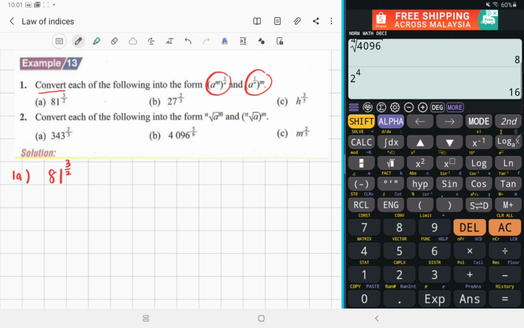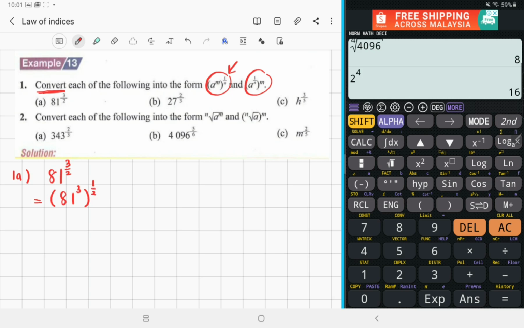How to write it in this form is just convert. This one does not ask you to find the value. You just convert in terms of this form, in bracket, A to the power of m, close the bracket, to the power of 1 over n. So the answer is 81 to the power of 3, you take the numerator, close the bracket, to the power of 1 over 2.